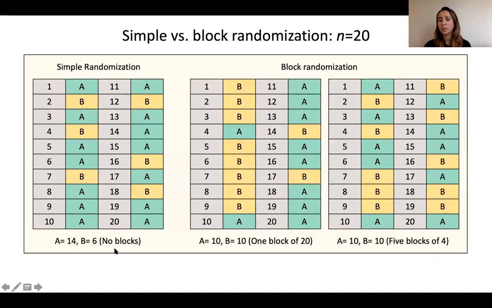In this example, our sample is 22, so we need 6 blocks, and if the last block started with AA, we could have 12 in one group and 10 in the other.